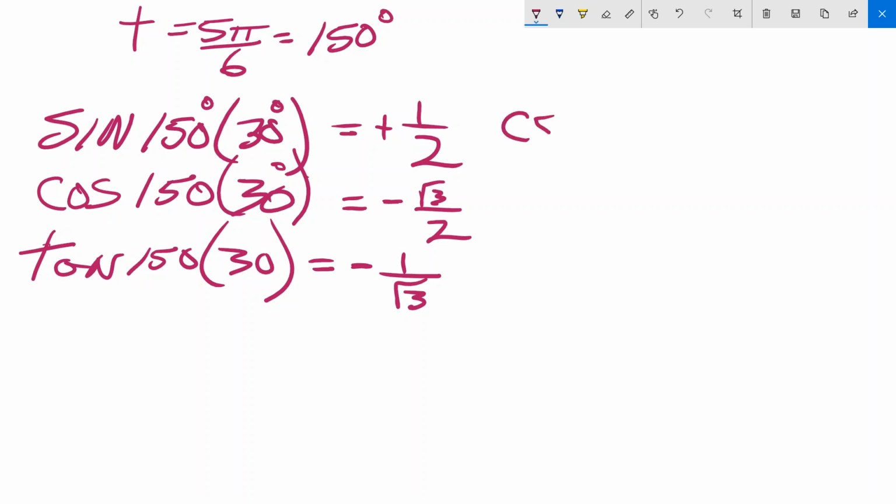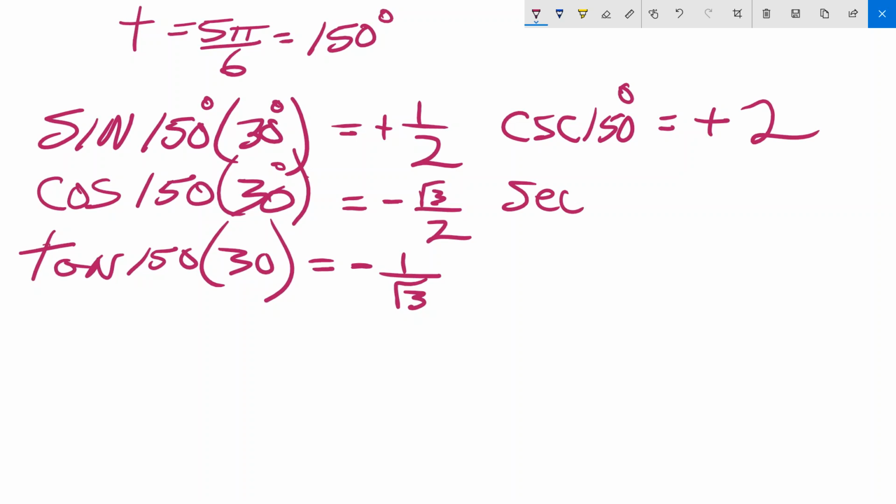What is the cosecant of 150 degrees? It's just the reciprocal of the sine. If the sine was equal to plus 1/2, then the cosecant is equal to plus, no, not the negative. Reciprocal means you just flip the denominator and the numerator, so plus 2.